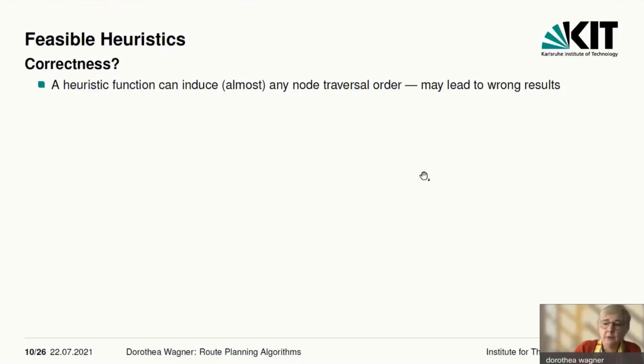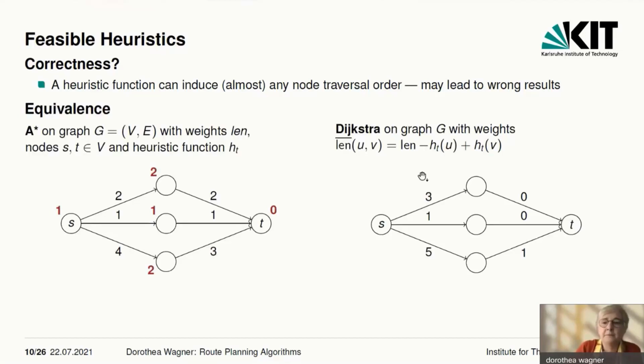If we use some arbitrary potential, it may lead to wrong results. In order to come up with a guarantee for correctness, let's have a short look at this consideration.